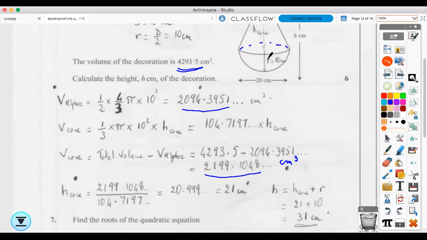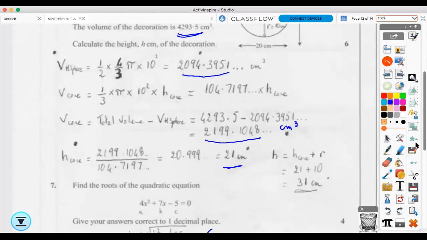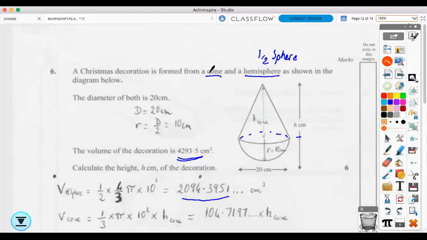Now the height, some people stop there and miss the mark, because the total height here, h, is not just the cone, but it's the cone plus the radius there. Then that's when you need to add the last 10 here, 21 plus 10, which is 31. Okay. And that's how you would get all your marks, basically.